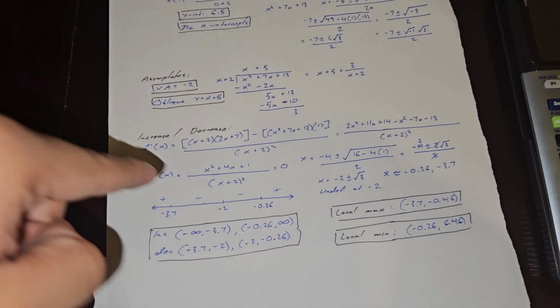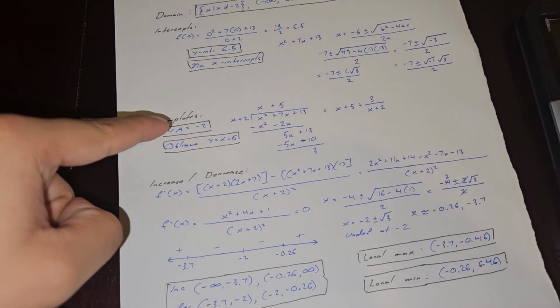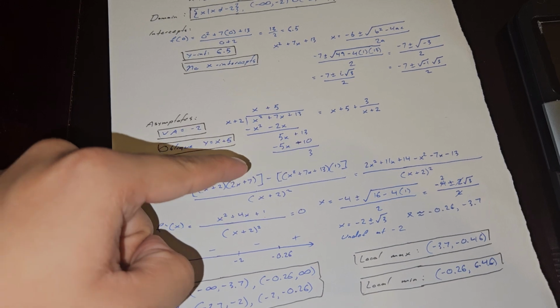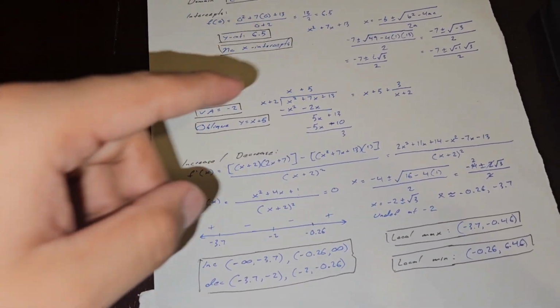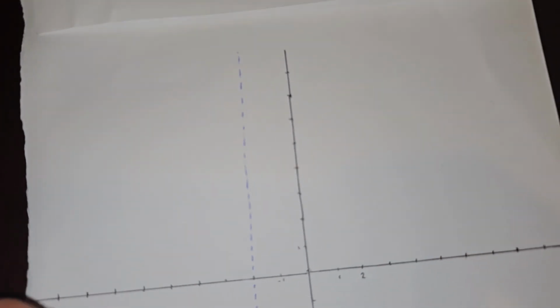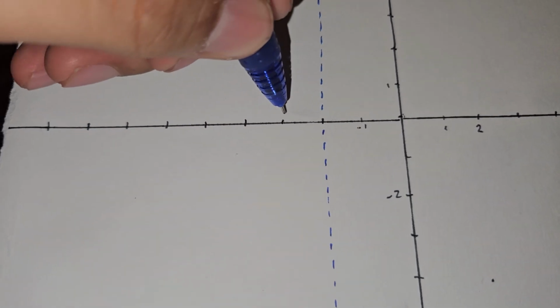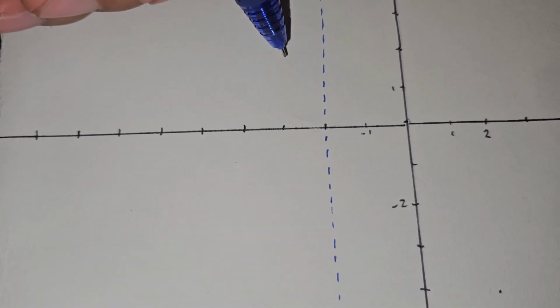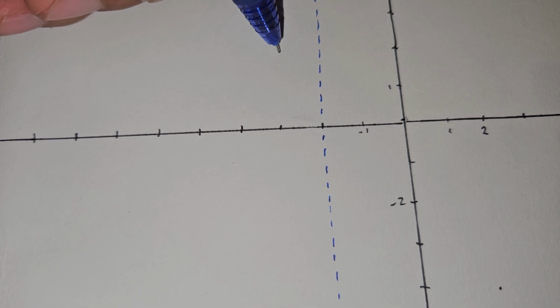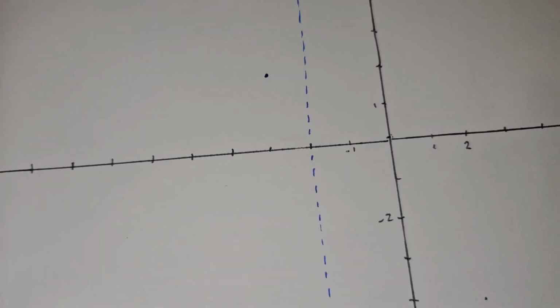Let's plug in -3. -3 plus 5 is +2, right? So let's plot some points for our line. -3 gives +2, so it's somewhere around here.